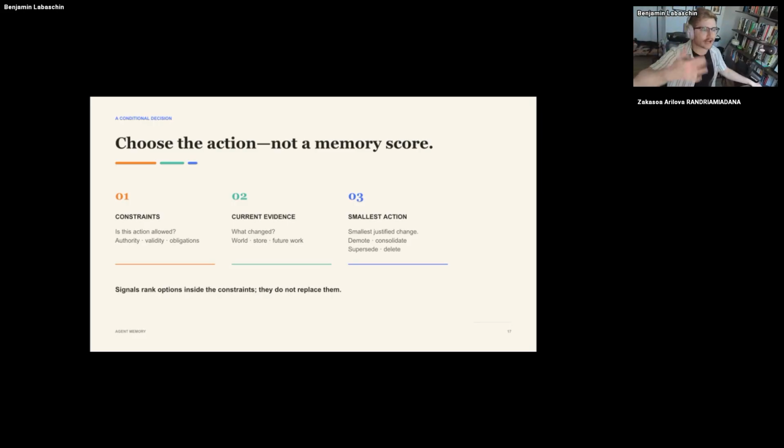But the action that is triggered needs more than that. There needs to be constraints, right? Is an action allowed? So these are things like authority, validity, obligations. What is the current evidence of something that is happening? What's changed? That's the relationship between the world, the store, and the future work that I talked about before. And what's the smallest action that is justified relating to the memory? Is it demotion, consolidation, deletion?